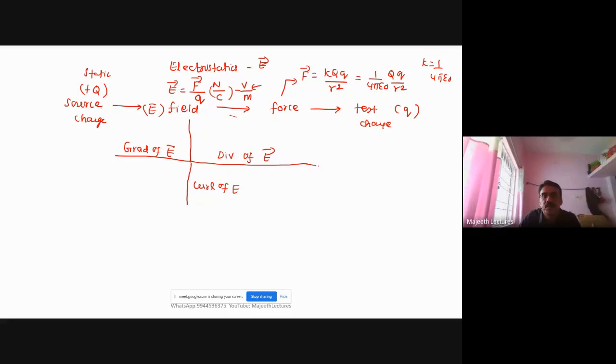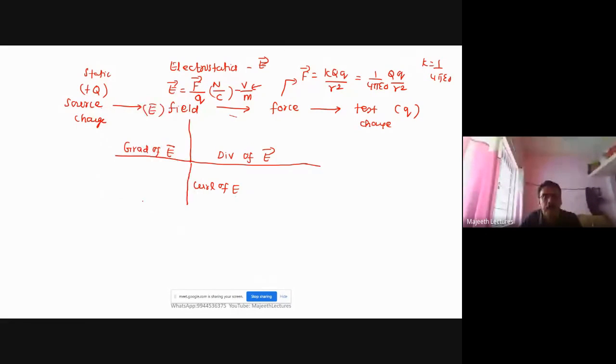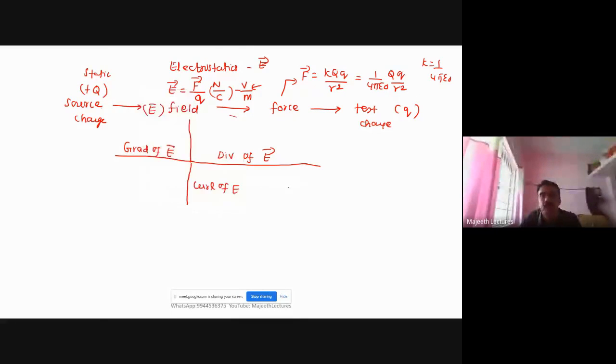What is divergence of electric field? Before that, we should know the relationship with another parameter. Here you see there is one more relation. E is electric field.